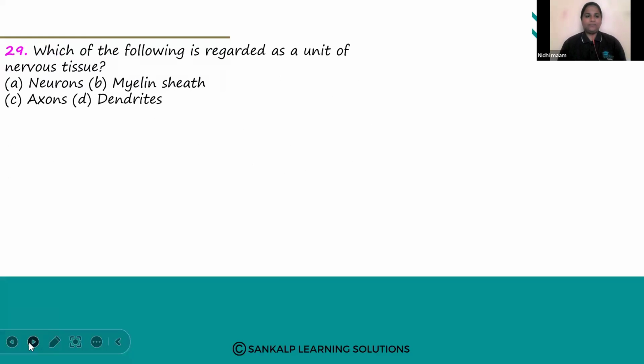Fine, synapse. Next, which of the following is regarded as a unit of nervous tissue? Very easy question. A. Neurons. B. Myelin sheath. C. Axons. D. Dendrites.